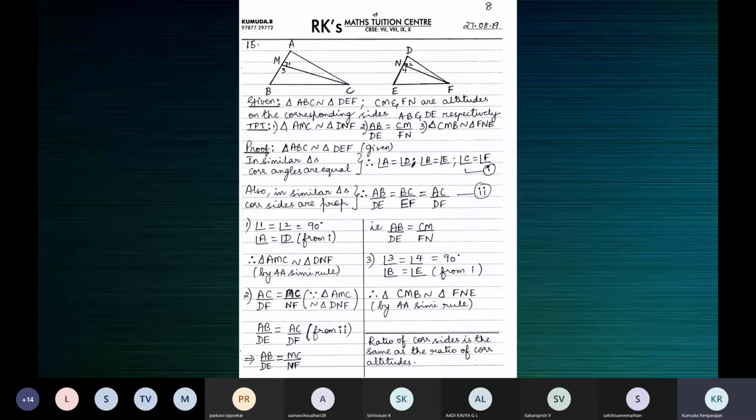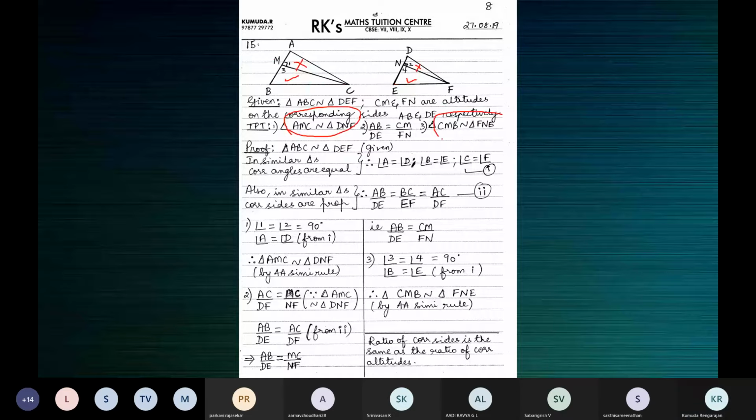And basically what we are proving here is that the triangles on either side of the altitudes are similar to each other. Here, AMC, DNF, this one.